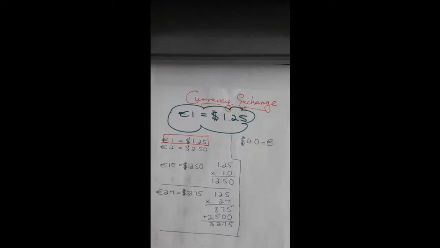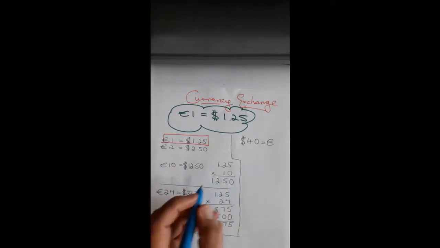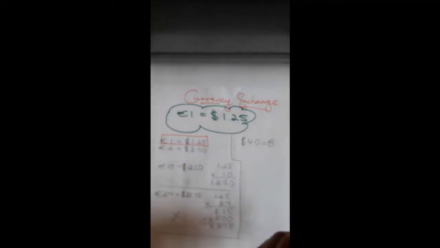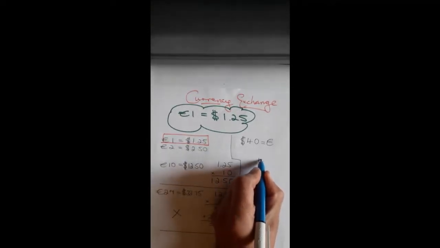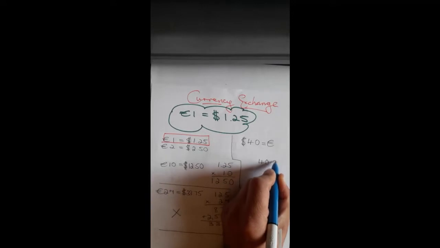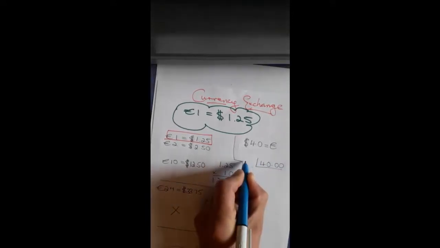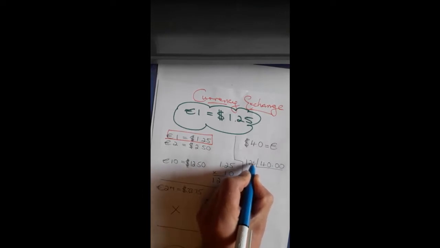Now over on this side, we multiplied. Okay, we multiplied our $1.25 by the amount of euros we had. Now this time we're going to do the opposite. We're actually going to divide by our US exchange rate of $1.25. So I write down my $40, and I'm going to divide it by my $1.25.